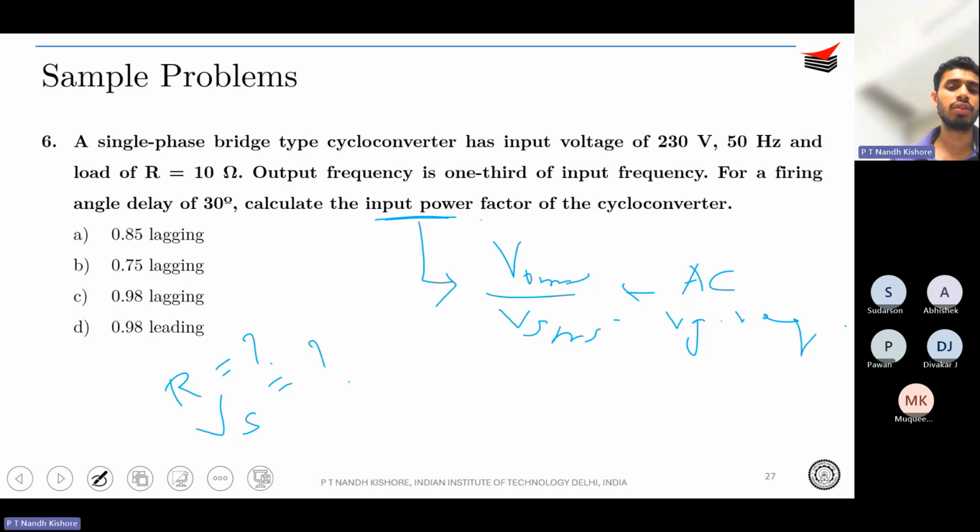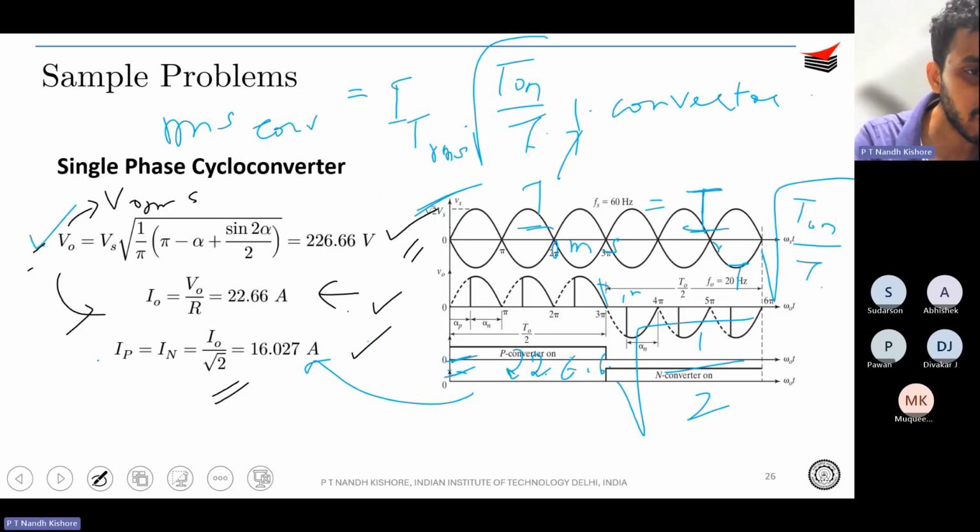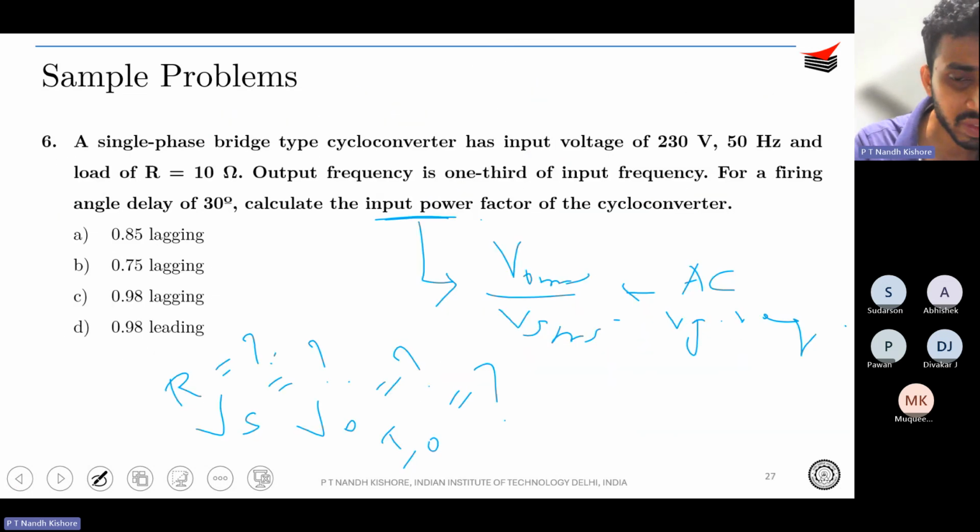Your R is known, VS is known, and we just found out what should be V naught. So V naught is also known, right? If your V naught is known, I naught is also known, right? From the previous question, we know V naught RMS, we know I naught RMS.